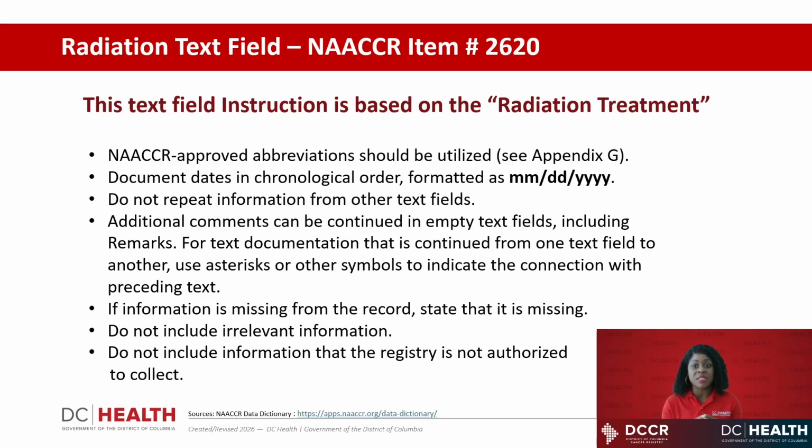If information is missing from the record, state that it is missing. Do not include irrelevant information. Do not include information that the registry is not authorized to collect. And last but not least, ensure that descriptions of events, for example tests, studies, and treatments, are clear and complete.